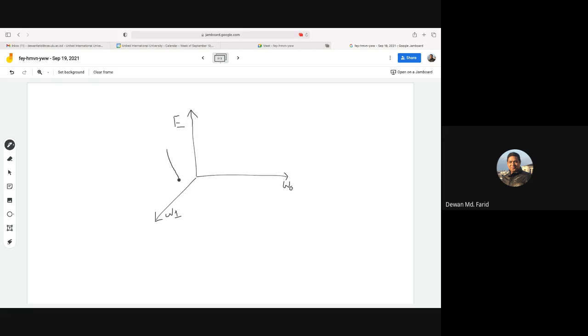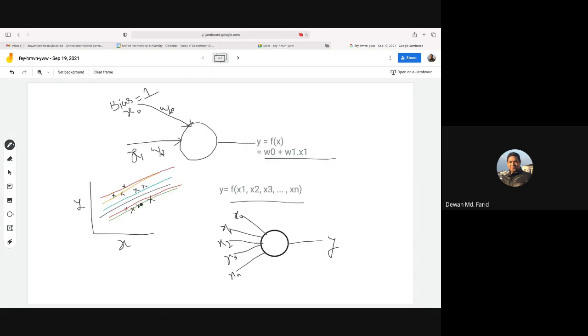If I draw a curve like this, just try to visualize a 3D curve here. In this curve we may have different points, and each point means we are drawing a different line, with this intercept and slope value.